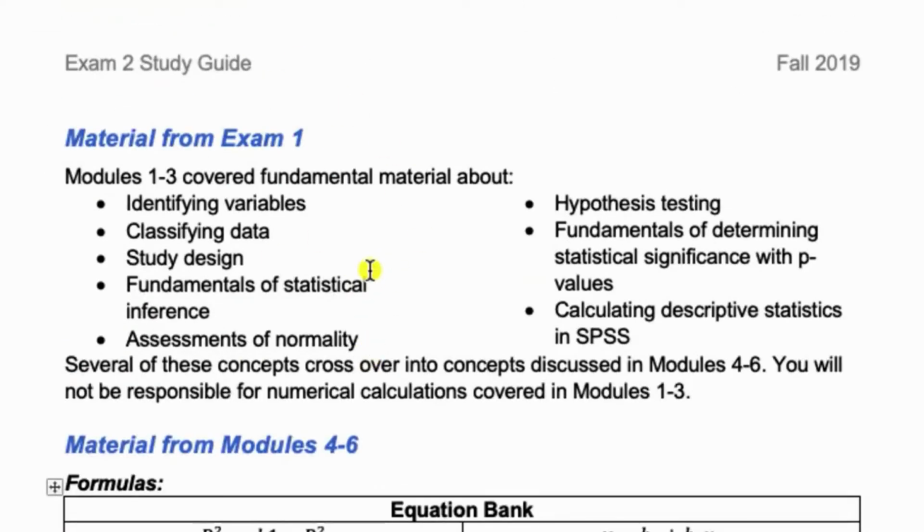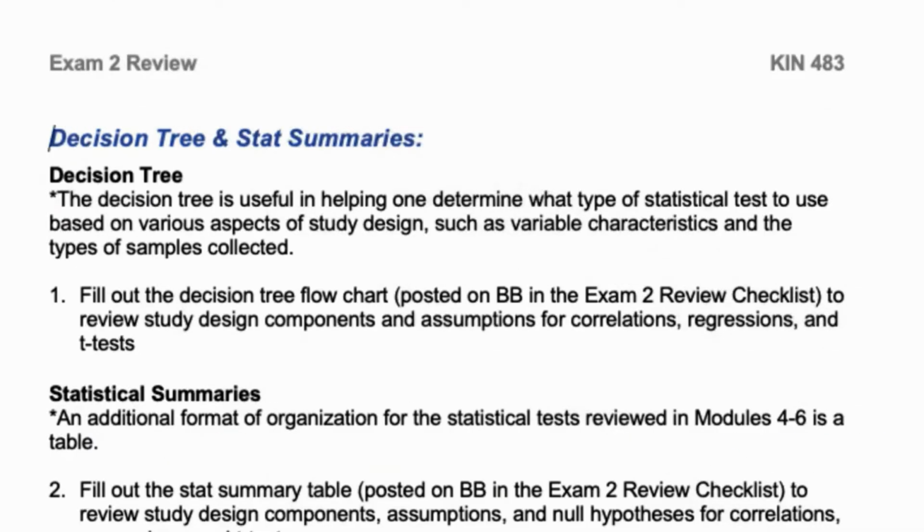Okay, so that's a review of the study guide and what's on it. So feel free to go back through the lecture notes, fill in different areas, go back through activities if there's certain types of calculations that you don't feel comfortable with or just want to review and practice. I've also posted your Exam 2 review questions.